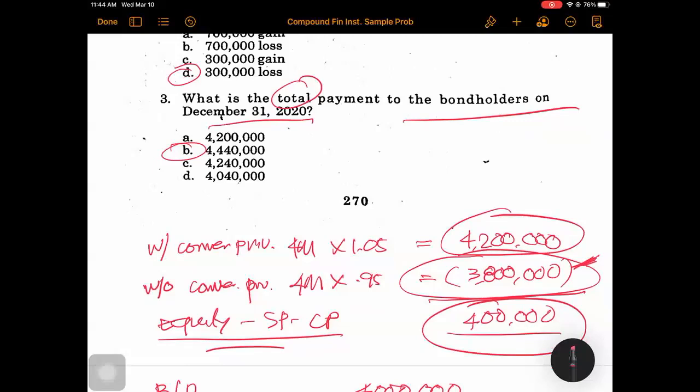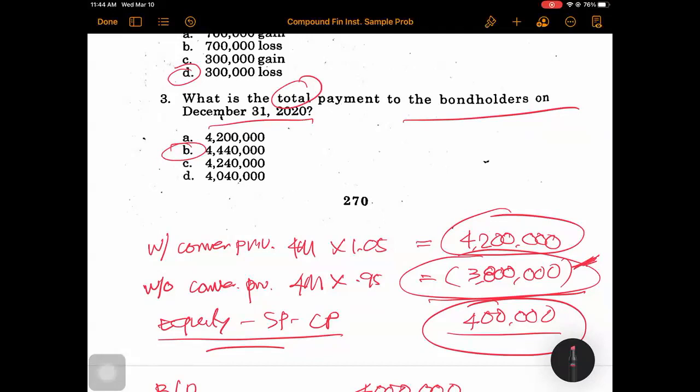Okay, semi-annual, the payment is July 1 and December 31. Ang question is, kung ang pangutana, how much is the interest expense for 2020? The answer is, ang whole interest incurred gikan January 1 to December 31.